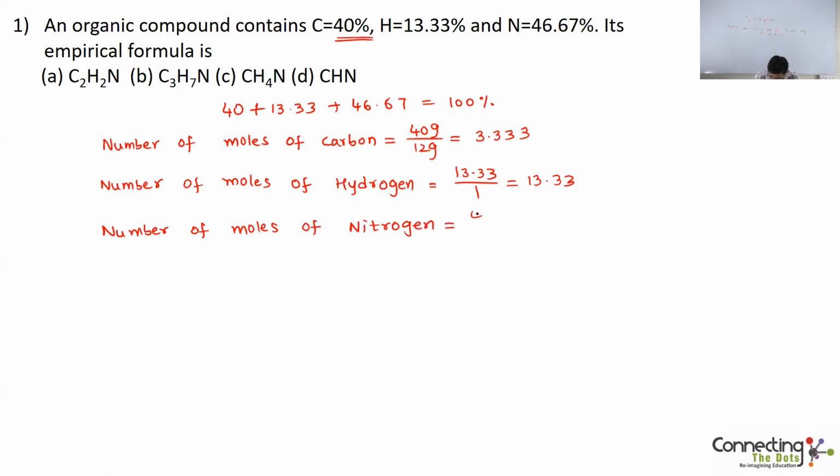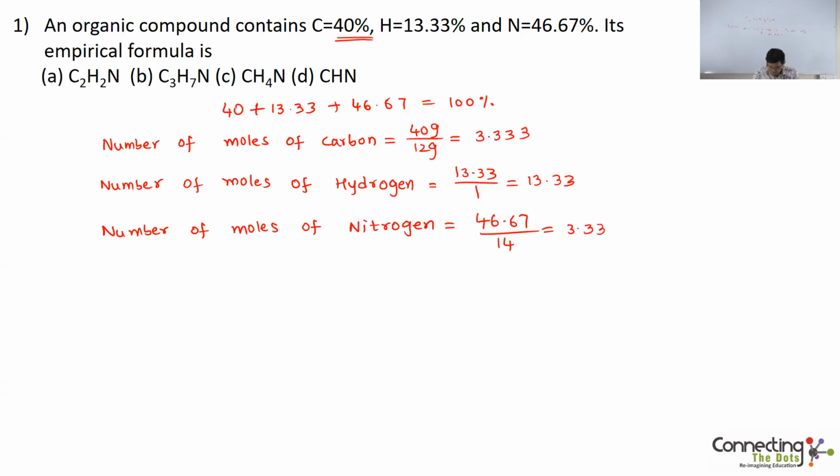The mass is 46.67, divided by the molar mass of nitrogen, which is 14. If you calculate the value, 46.67 divided by 14, it's coming to around 3.333 once again.